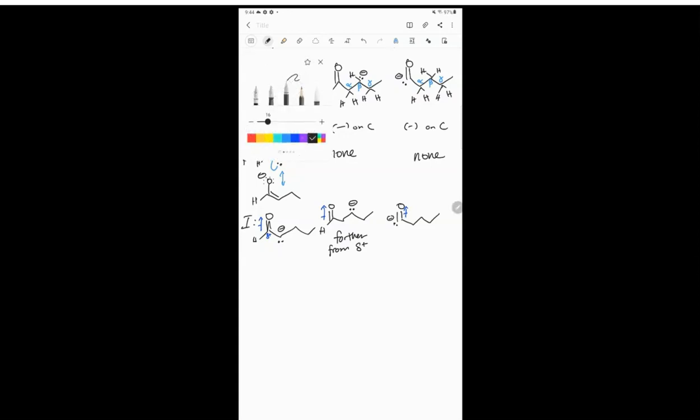And in terms of orbitals, we saw that this is sp3, sp3, and sp2. sp2 is slightly better. Remember, for negative charges, sp is ideal, then sp2, then sp3.